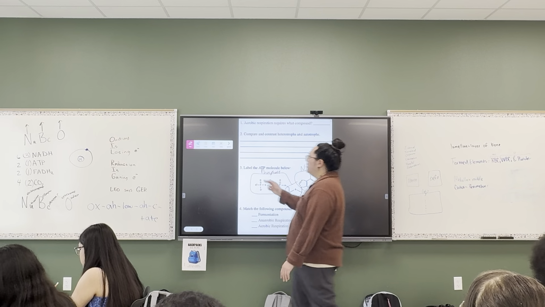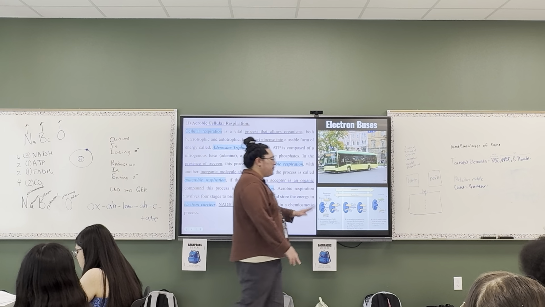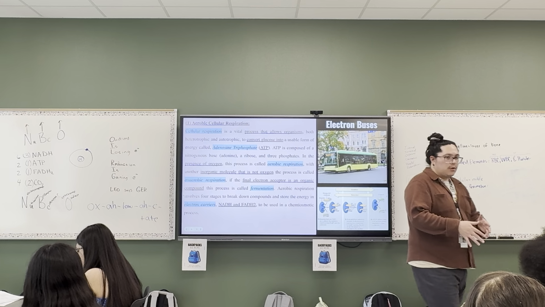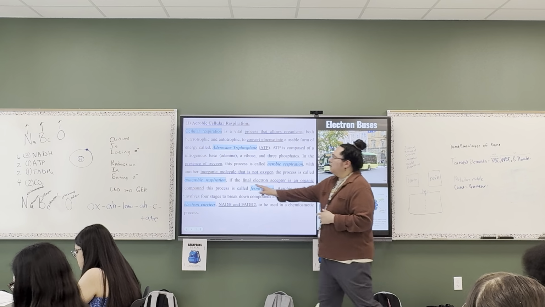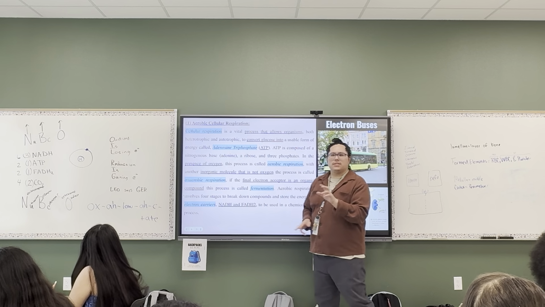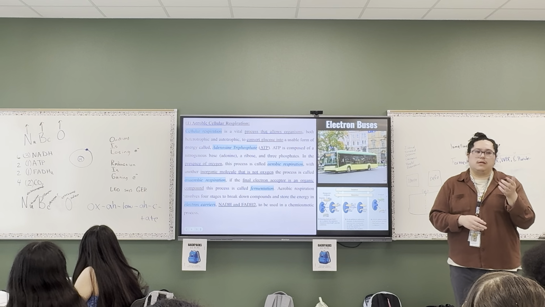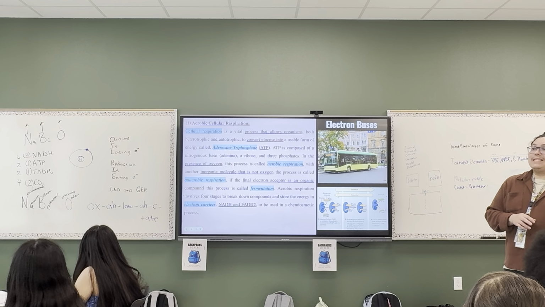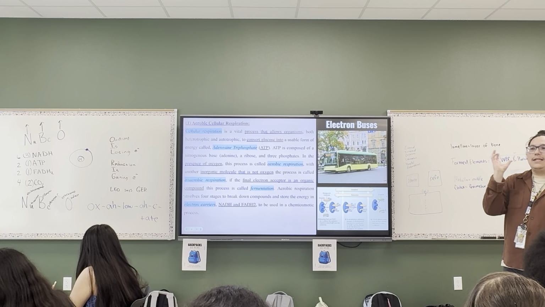I go back to this previous slide. Again, aerobic respiration means oxygen is present, anaerobic means oxygen is not present, but what does it say? An inorganic molecule. What does inorganic mean again? Inorganic means that it's not organic, but organic means that it's composed of this and this.